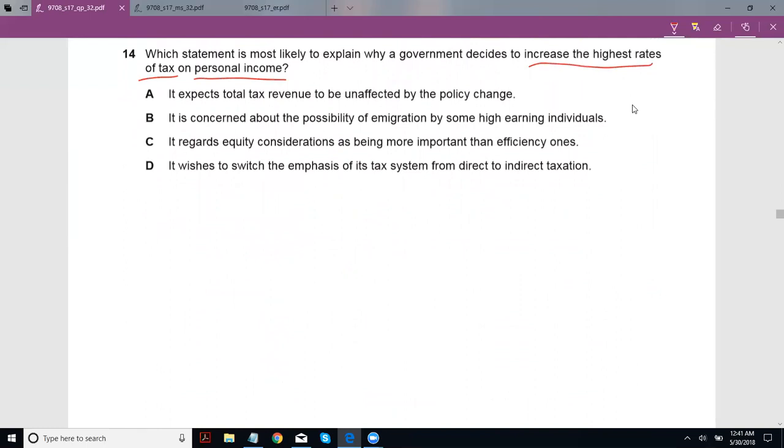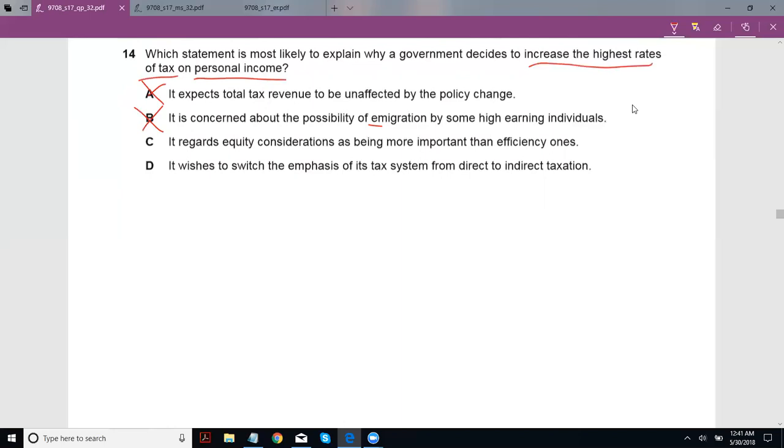Well, if so, then why are you increasing it? You would only increase tax if you wanted the tax revenue to increase. If it's unaffected, then what difference does it make to you? It is concerned about the possible emigration by some high earning individuals. Well, if you tax them more, they will emigrate. Emigration is like outward migration.